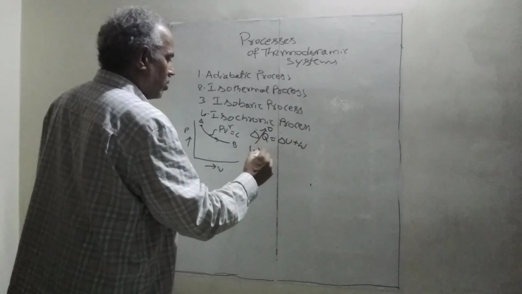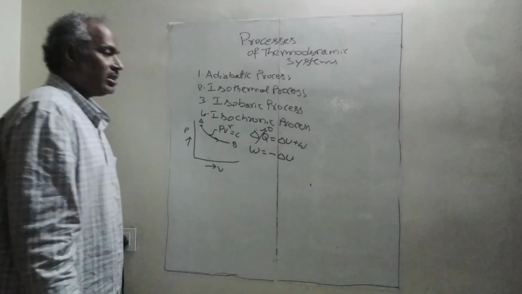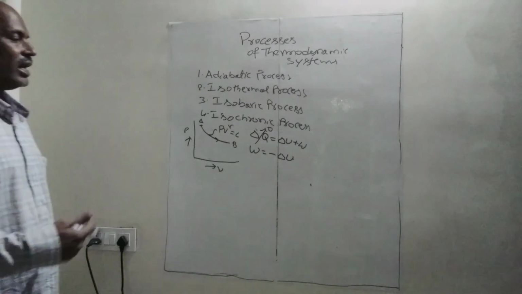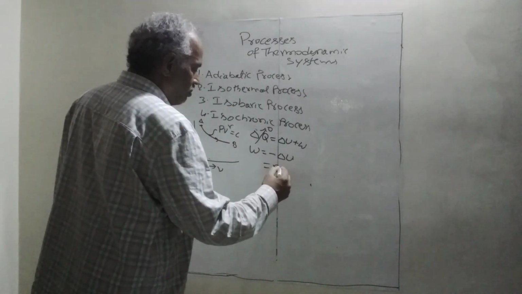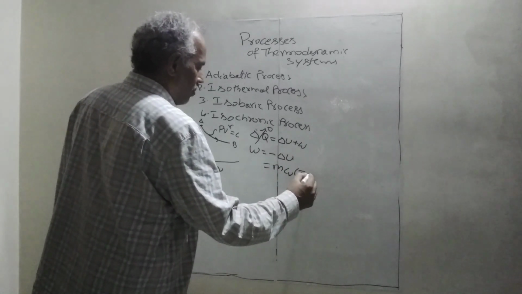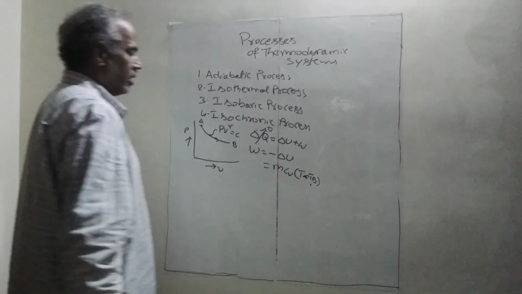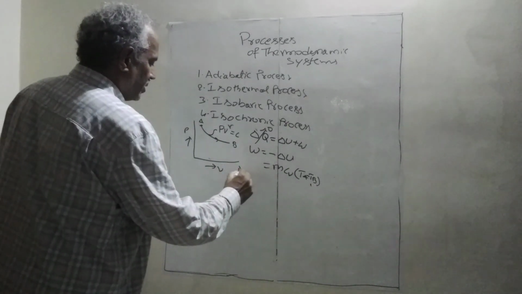Therefore, W is equal to minus of delta U. That means work applied on the system is used to raise the internal energy of the system, and the equation for this is mCV into (PA minus PB). This is adiabatic process.